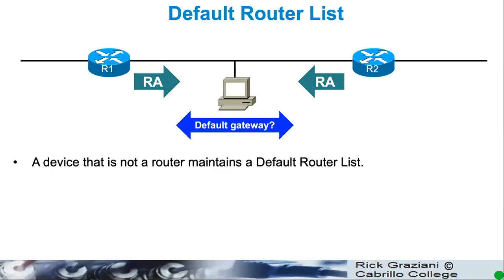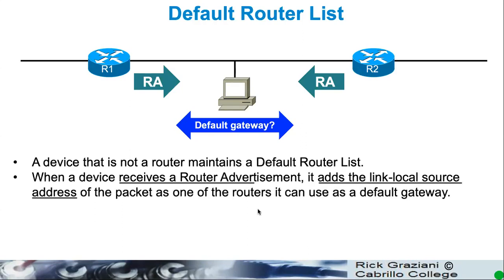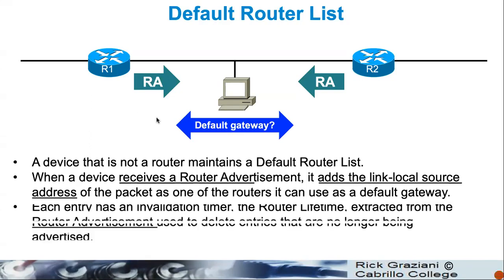So every device actually does maintain a default router list, because a device can have multiple default gateways in IPv6. And when it receives the router advertisement, it will add the link local address, the source address of the router advertisement, to that list.